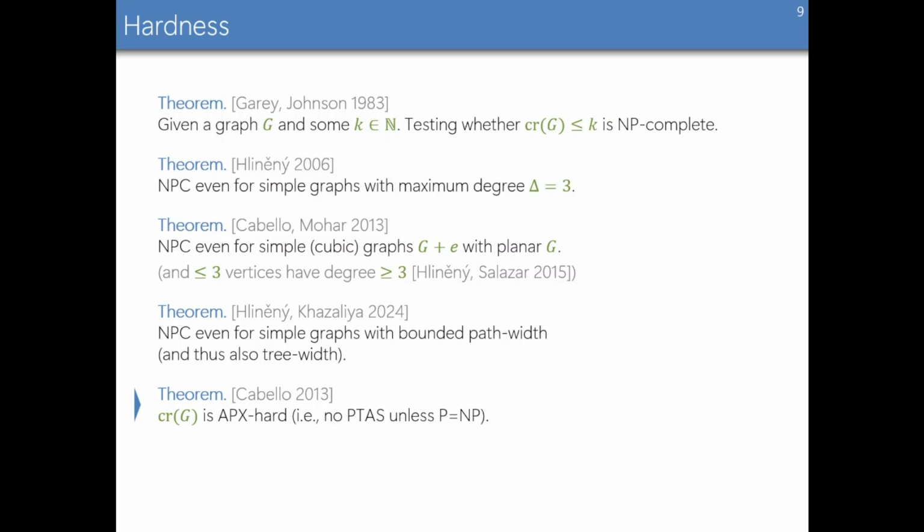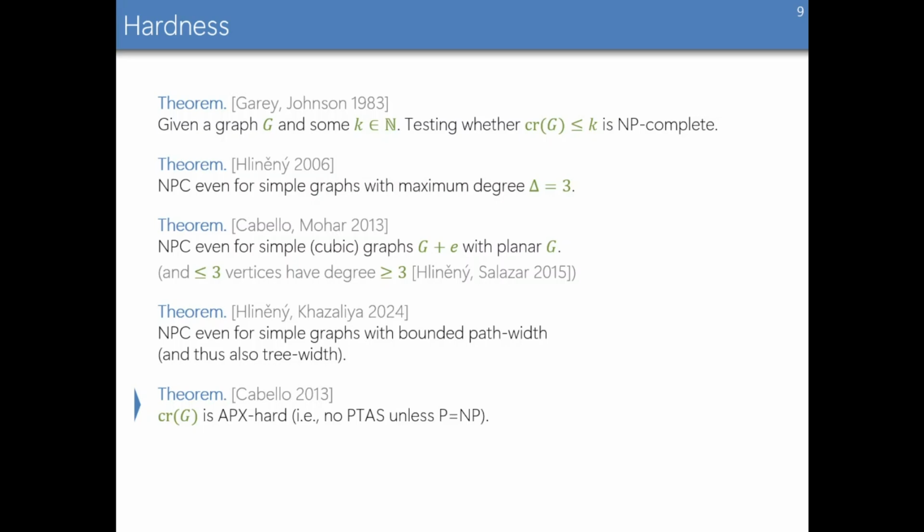Well, crossing number is just recently it was shown that if I'm just looking at simple graphs and they have bounded path width or bounded tree width, I don't recall the correct numbers, but I think it's something like bounded path width of 12 and bounded tree width of 7 or 9 or something like that, and suddenly you already have a hard problem again.